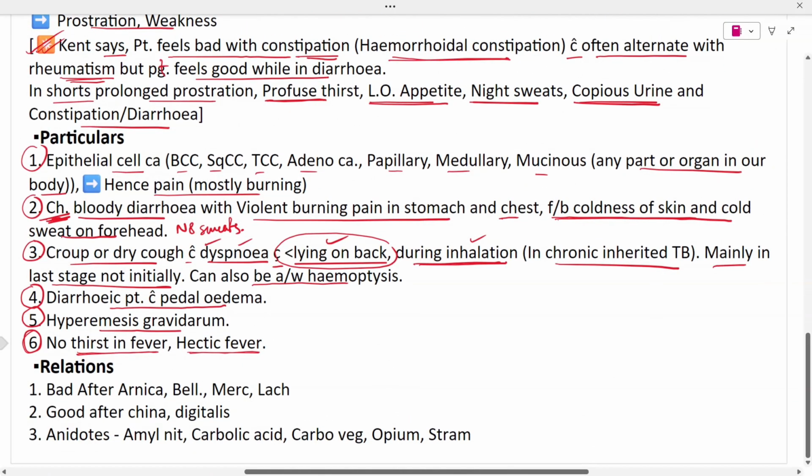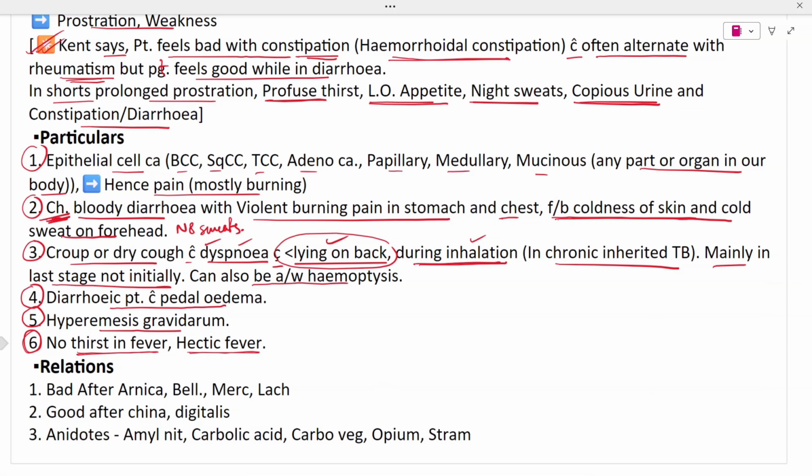Now come to the relations. Before coming to the relations, remember the actual constitution of Acidicum acidum. Where I can think of prescribing Acidicum acidum, think of such particular symptoms. These are the clinical symptoms, meaning in these situations Acidicum acidum has been given with good results.